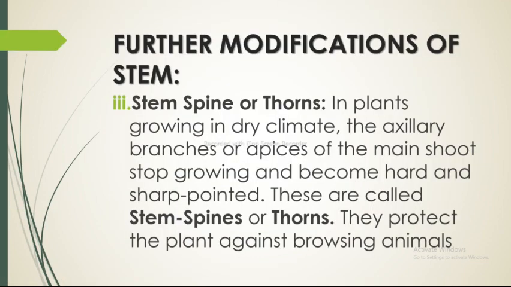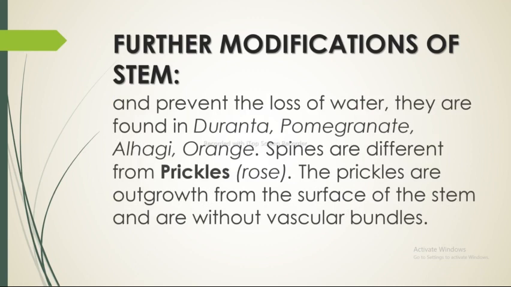Next I am going to discuss the stem spines or thorns. In plants growing in dry climates, the axillary branches or apices of the main shoot stop growing and become hard and sharp-pointed, and these are called stem spines or thorns. They protect the plant against browsing animals and prevent the loss of water.